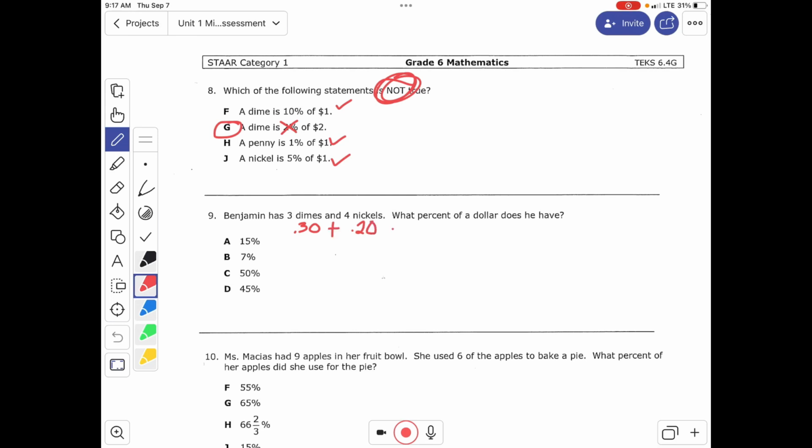So what's 30 cents plus 20 cents? 50 cents. 50 cents would be how much as a percent? 50%. 50 cents is 50%.